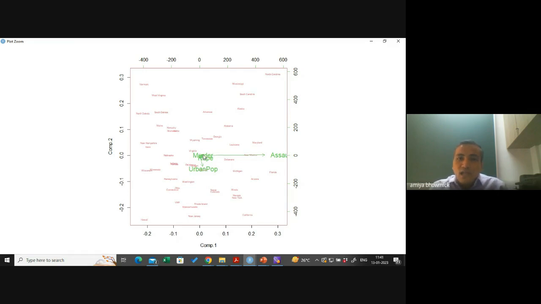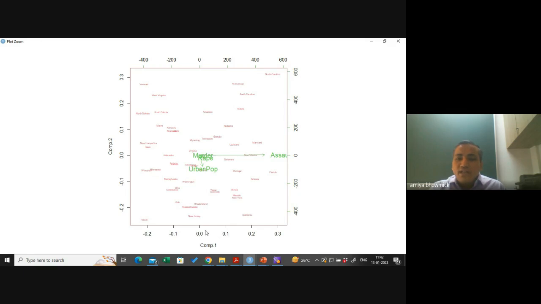Please understand. This direction along horizontal means, because for applied scientists, this is the justification you have to write in your research articles. So it is along this direction means along principal component 1, Assault has the maximum variation, or the maximum contribution there.